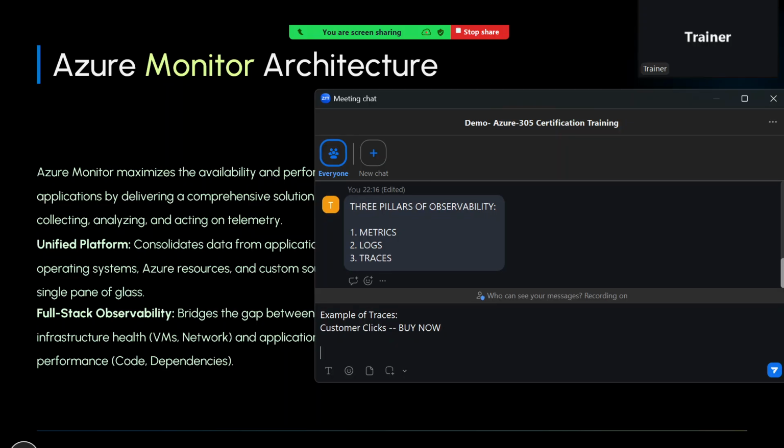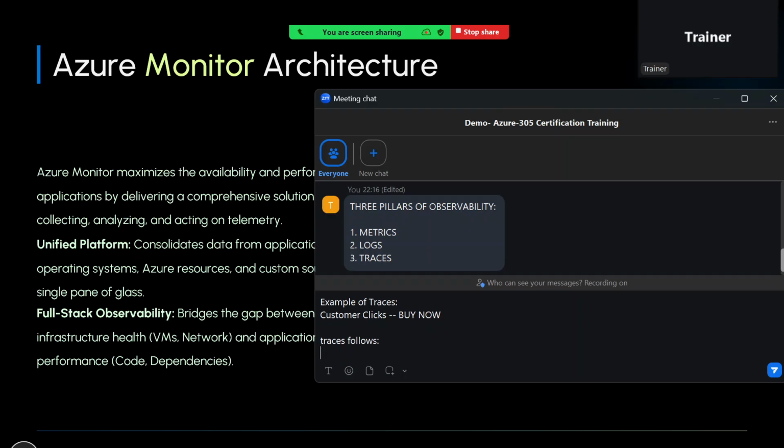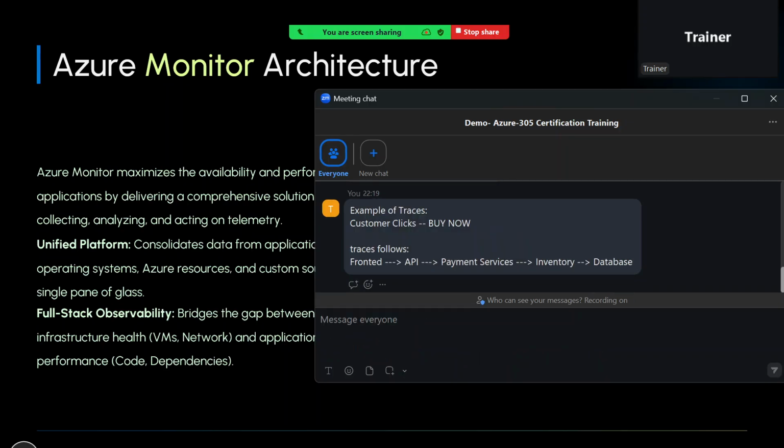In this process, the trace follows the request: it starts from the front end, then goes to the API, then to the payment service, then to inventory, then to the database. So these are examples of traces, which show where delay occurs.